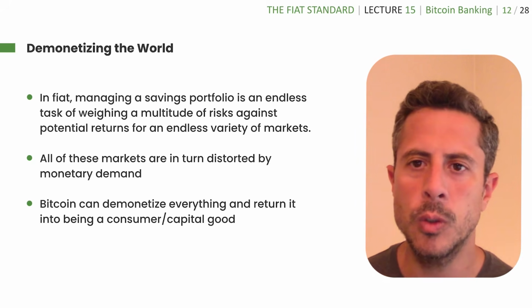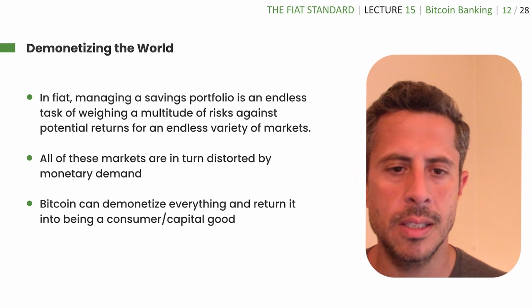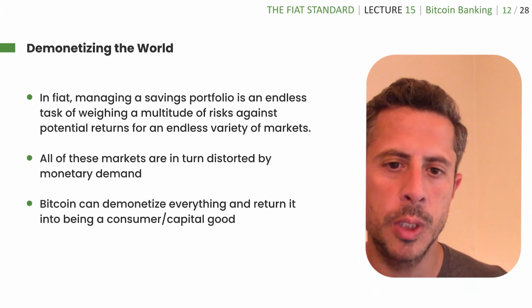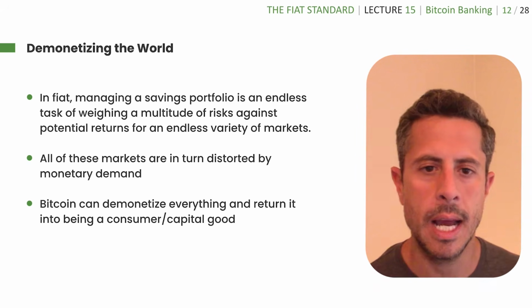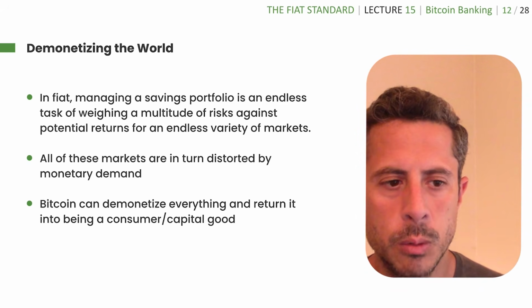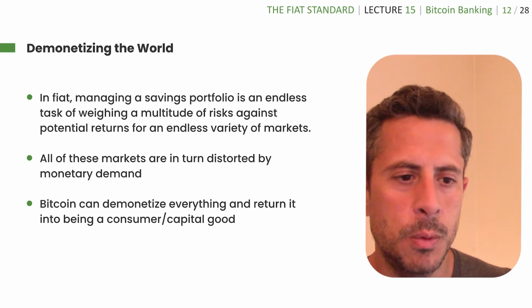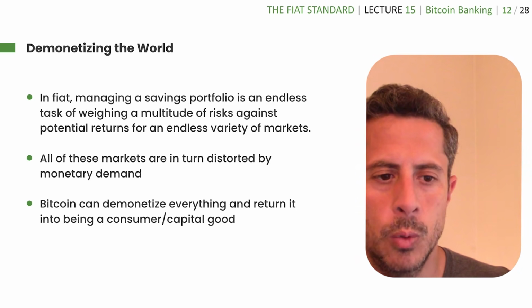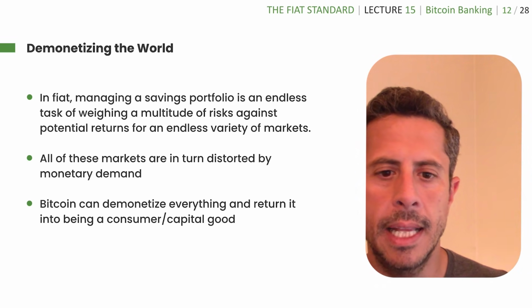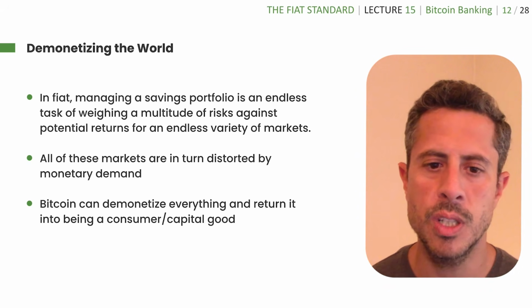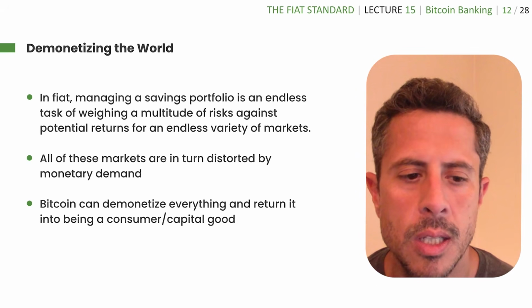So as people continue to hold more and more assets, more and more cash in the form of Bitcoin, as opposed to all of the other assets that they like to hold as a form of saving, what happens? Well, as we were saying earlier, in the fiat world, managing a savings portfolio is an endless task of weighing a multitude of risks against potential returns for an endless variety of markets.